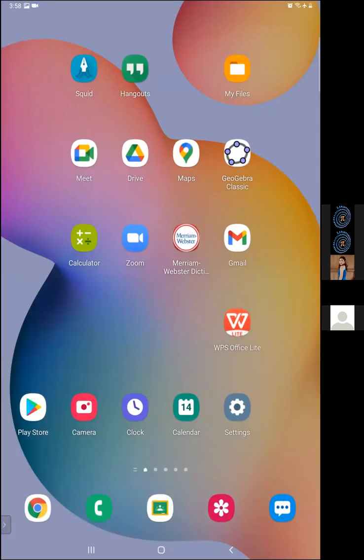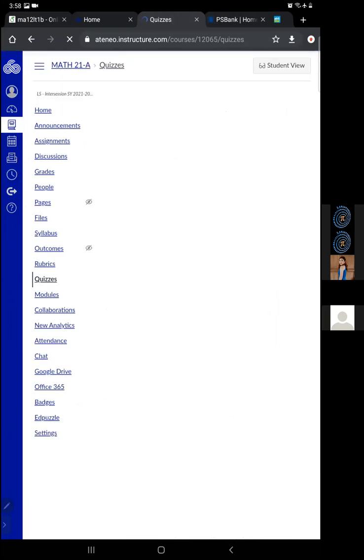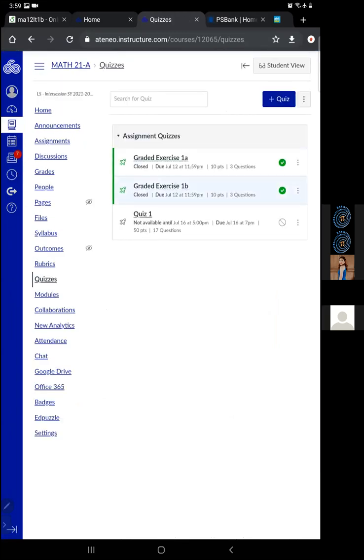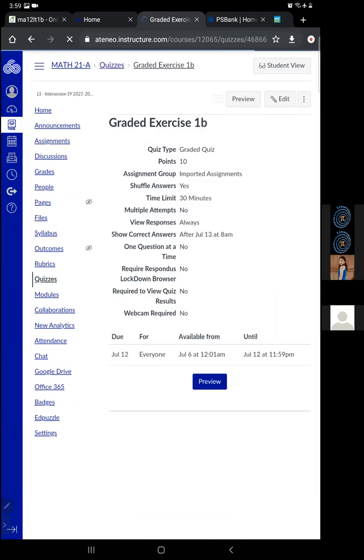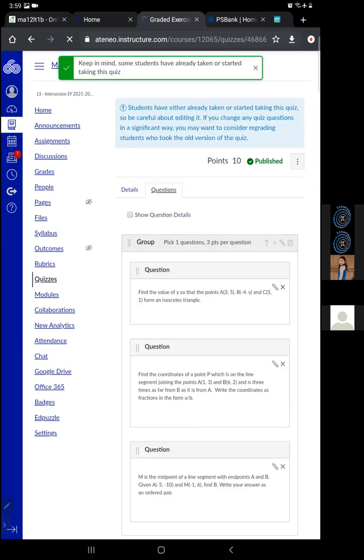Okay, graded exercise 1B, question number 1. Which question number 1?